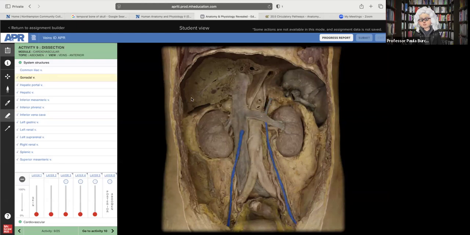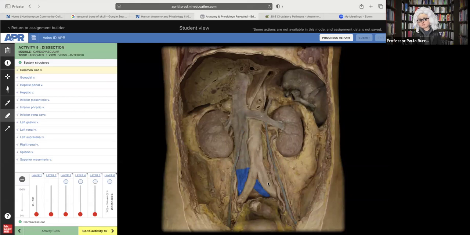We also have gonadal. Now notice with the gonadal veins, the right one is emptying into the inferior vena cava, whereas the left one empties into the splenic vein. So slight difference there. And then you have here the common iliac veins.